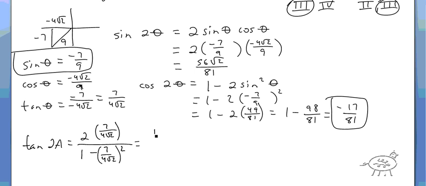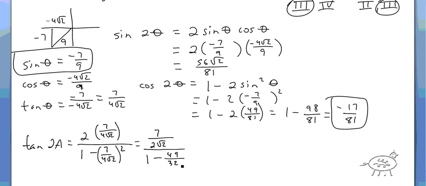Okay, it's going to give us 14, that cancels with that, so it's 7 over 2 root 2, and that one's going to be 1 minus 49, and 4 root 2 squared is 16 times 2, so 32.